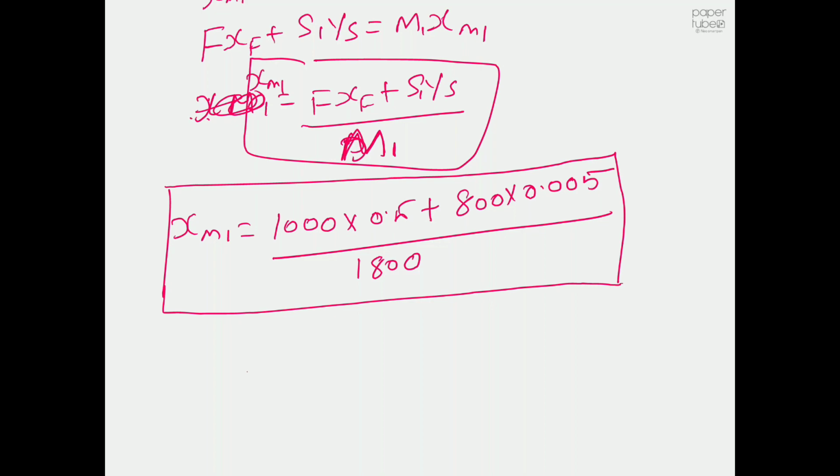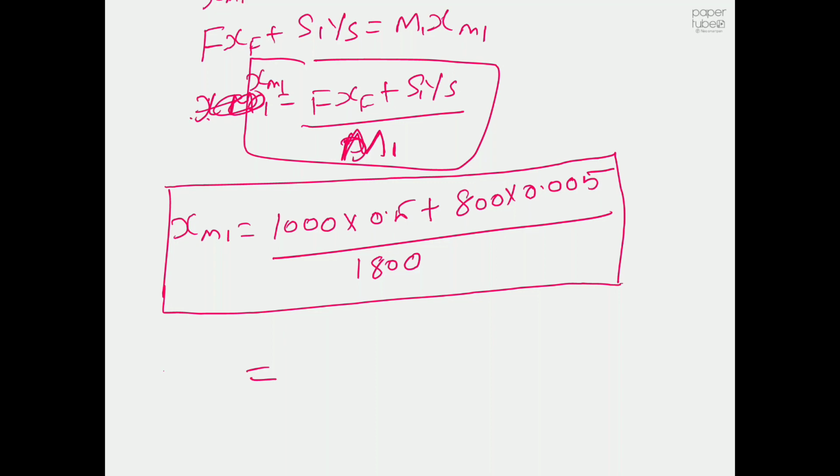Let me calculate this one. This is a very famous problem. Many people try to solve this one while teaching liquid extraction. So 1000 multiplied by 0.5, and then 800 multiplied by 0.005, divided by 1800.